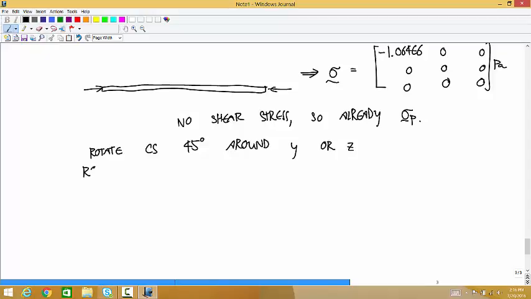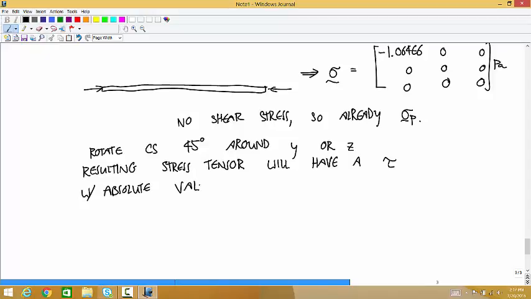The resulting stress tensor will have a shear stress with an absolute value of the max minus the min principal stress divided by 2.